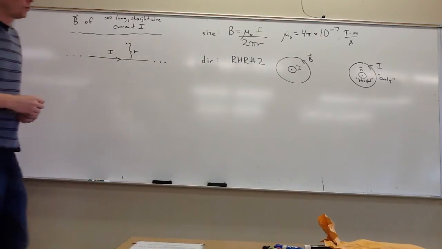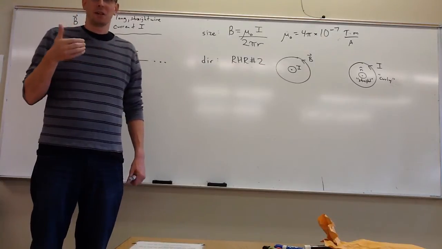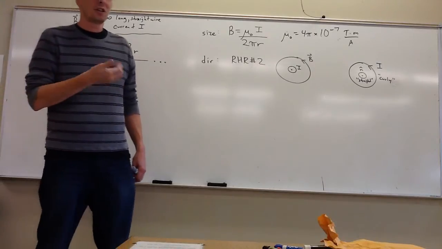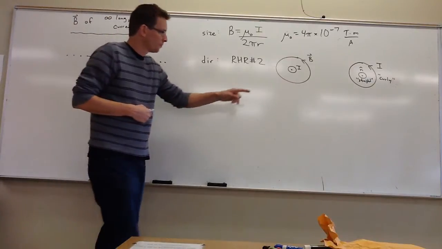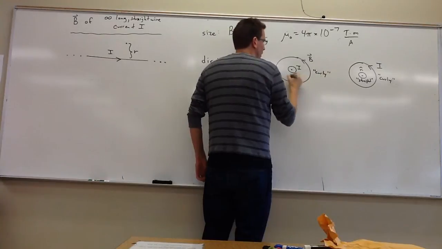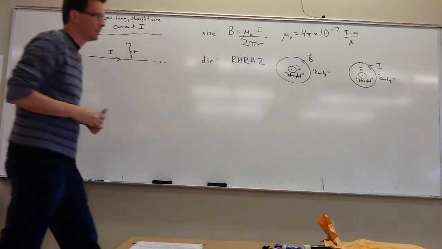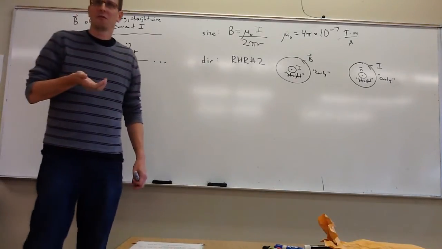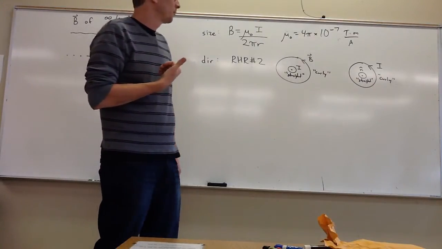The current used to be your fingers, now your current is the thumb. That's why I call it curly straighty: whatever's curling gets your fingers. If the current's curling, put it on your fingers. If the current's straight, put it on your thumb. In this case, the magnetic field curls around it, and the current runs in a straight line. So you point your thumb along the current, and then your fingers give the direction of the magnetic field that wraps around it. Does that make sense?